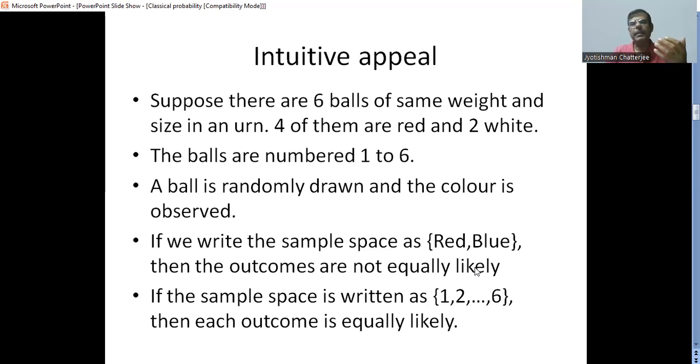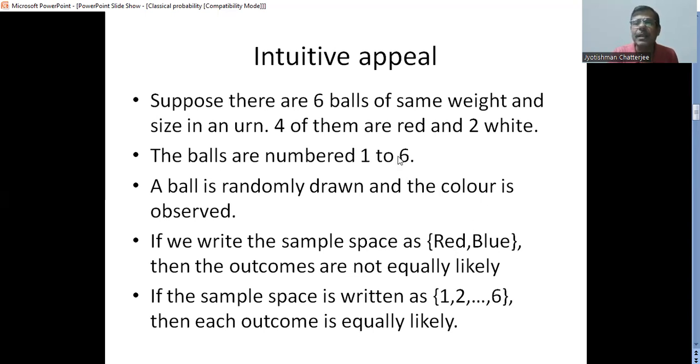Now for this random experiment, we can write down the outcome, and that will give us the sample space. Here, you may write down the outcome as the color of the ball that is drawn. In that case, the sample space becomes red and white. Oh, there is a little typo here. In one place I have used red and white, and below I am using red and blue.